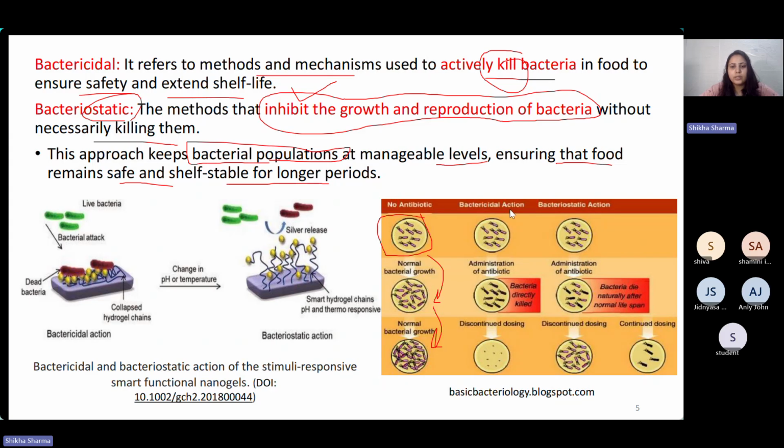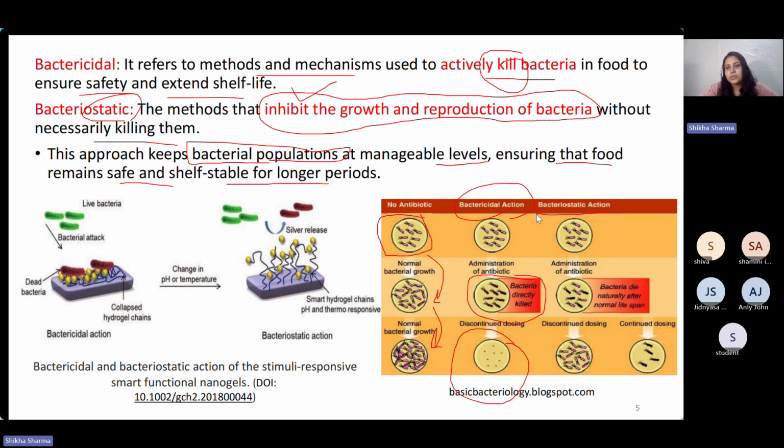When we are using bactericidal actions, the antibiotic or bactericidal agents will directly kill the bacteria, and once the bacteria are killed, we can discontinue the dose and see that all the bacteria are killed in the plate.